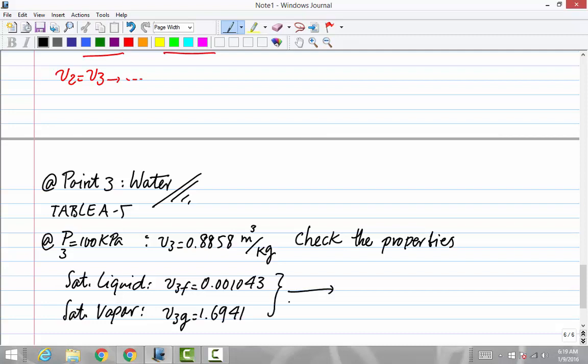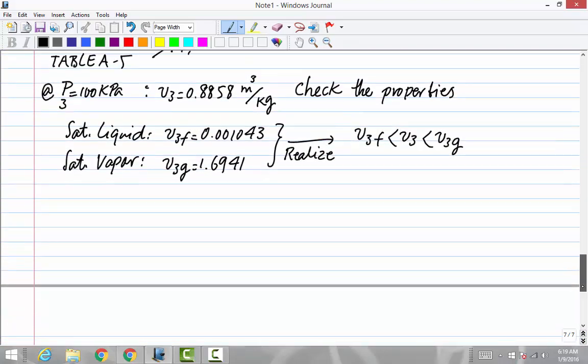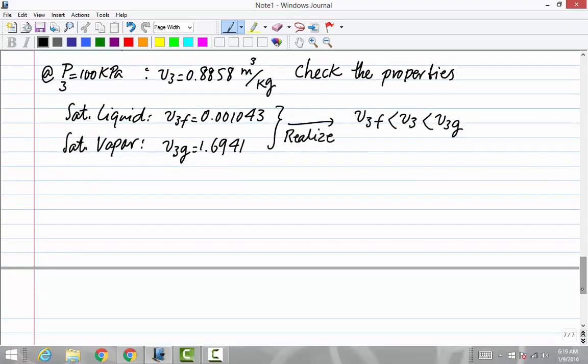So then I realized that v3, which I calculated before as v2, is in between saturated liquid and saturated vapor, which means that I have a mixture of two different phases, the liquid and the gas.